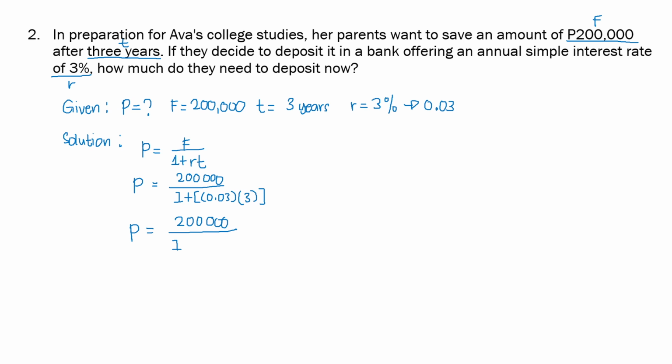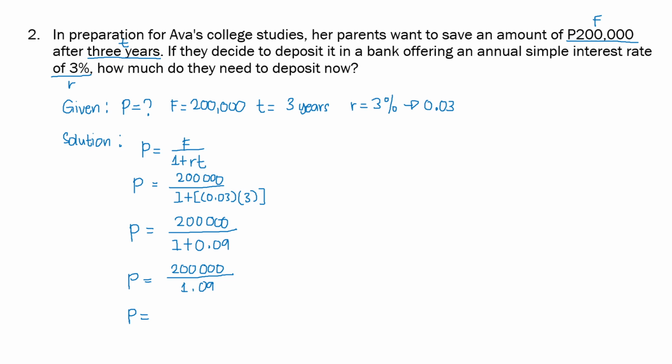So using our calculator, let's multiply 0.03 times 3. The answer is 0.09. Simplified denominator, just copy 200,000 all over 1 plus 0.09 is equals to 1.09.